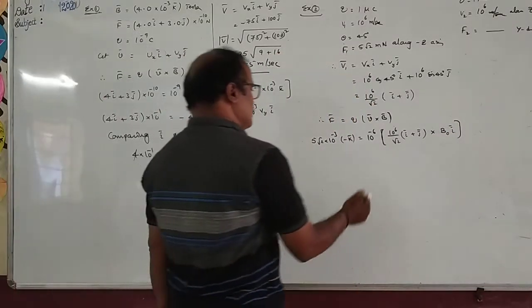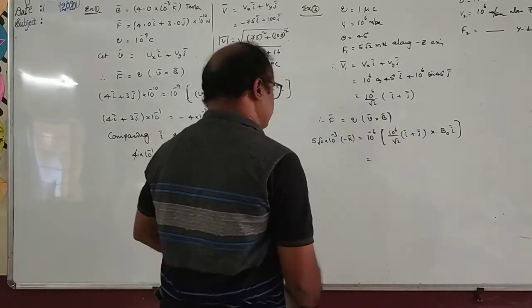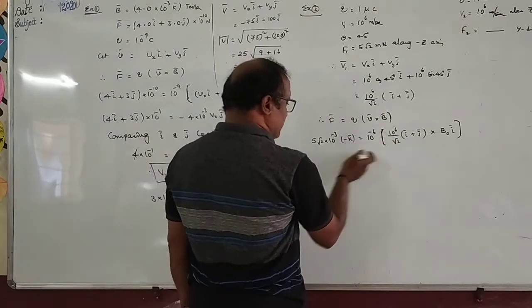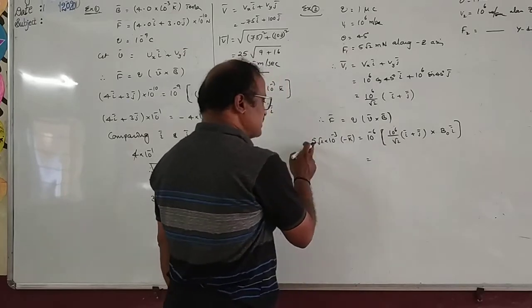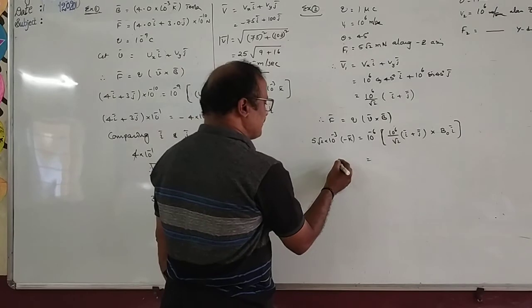So 10 power 6 into 10 power minus 6 is 10 power 0, equal to 1. 1 by root 2, root 2 into root 2 is equal to 2, 5 twos are 10, and 10 into 10 power minus 3 means 10 power minus 2.